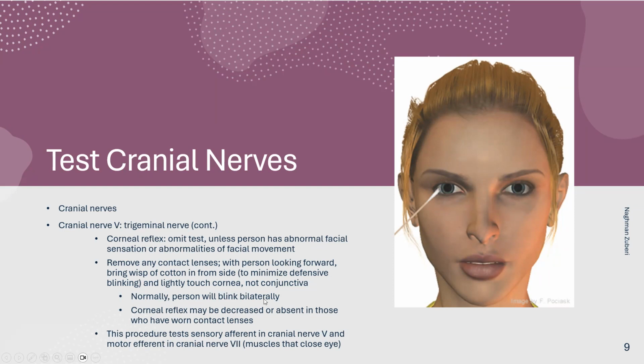Normally, the person will blink bilaterally. The corneal reflex may be decreased or absent in those who have worn contact lenses. This procedure tests the sensory afferent in cranial nerve 5 and the motor efferent in cranial nerve 7. These are the muscles which close the eye as well.